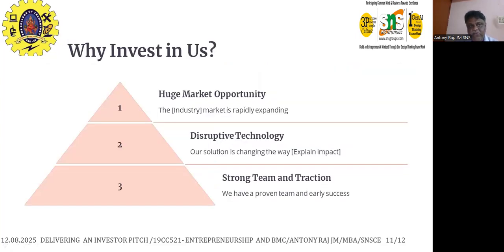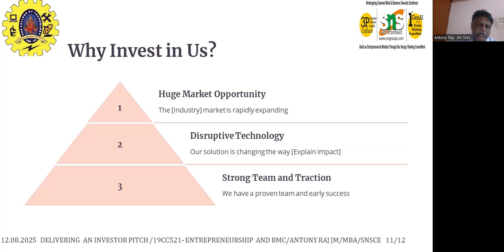And you have to give a very strong reason why an investor should invest in you. For example, it could be a huge market opportunity waiting to be tapped. Maybe your technology is so disruptive that there is a lot of scope for the market actually taking it, and a lot of sales happening. And also you have a strong team. So it could be any of these reasons.